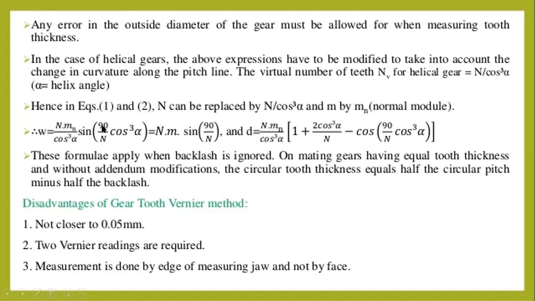So we got N into mn by cos cube alpha, into sin 90 by N cos cube alpha, which equals capital N into m sin 90 by N. So this is the value for the width.